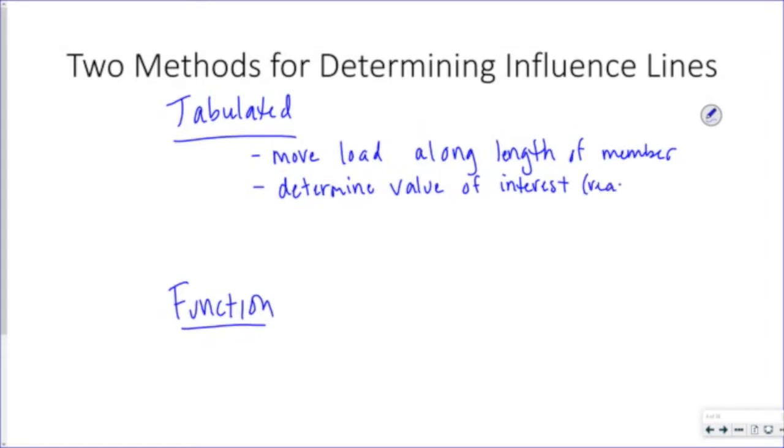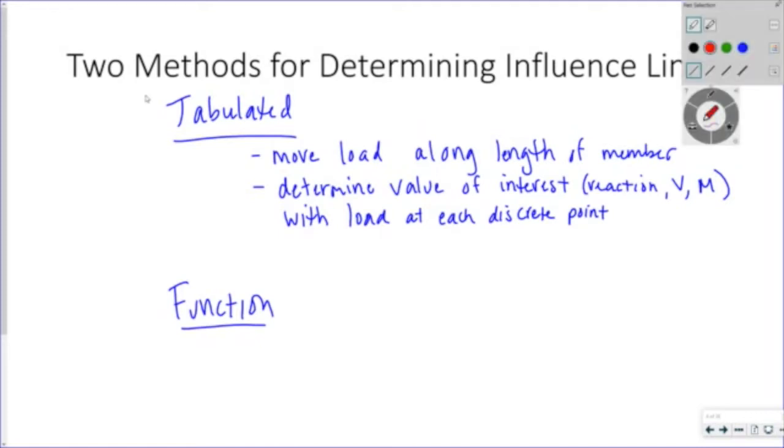A reaction, a shear, a moment. Right, then you get to make a table out of it where you're like, okay, if I put it here, right?